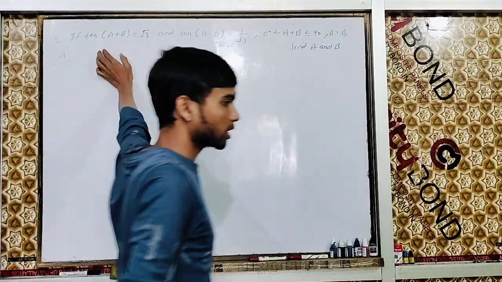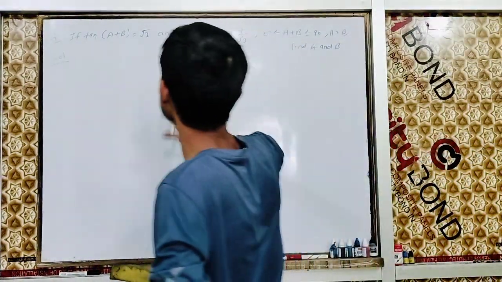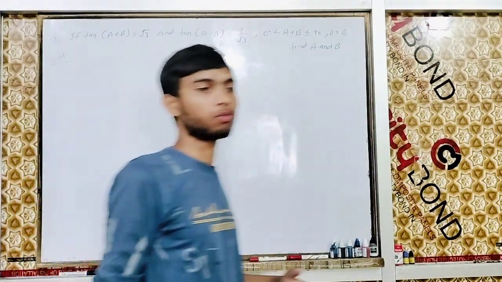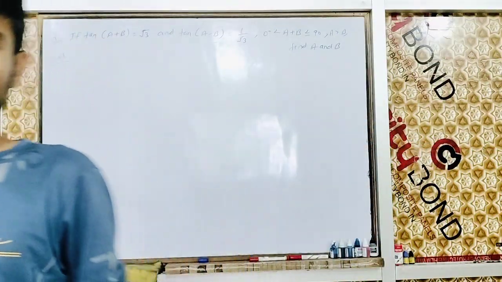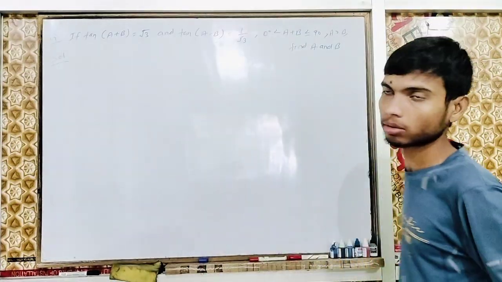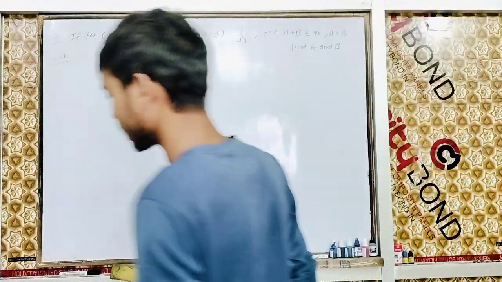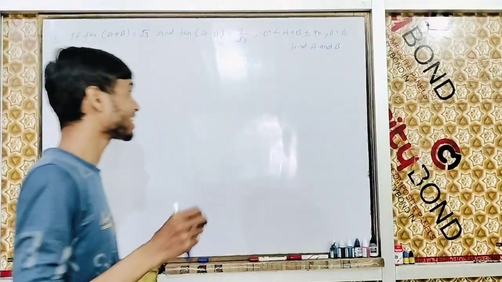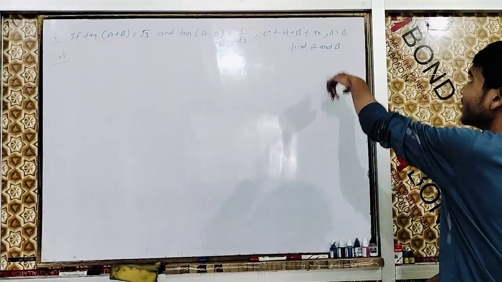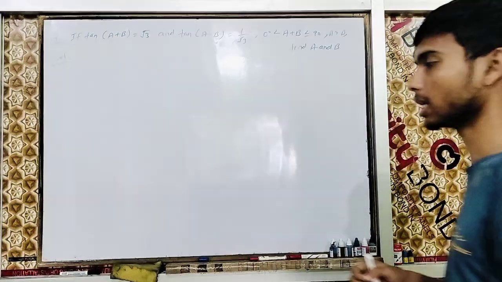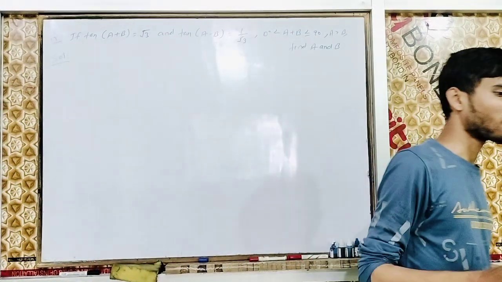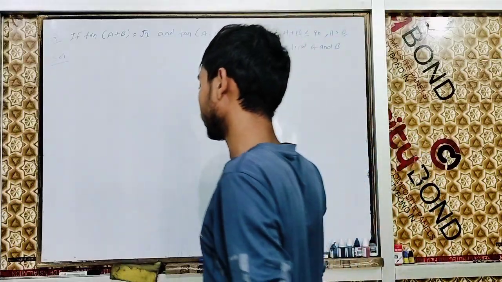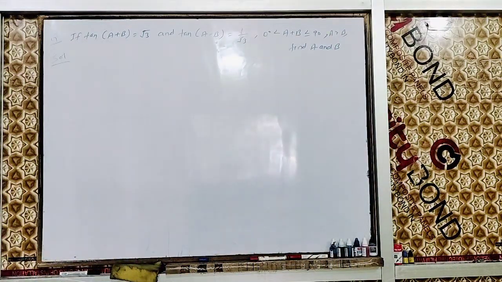If tan of the sum of these angles is giving you root 3, and tan of the difference of these two angles is giving you this much, then we don't know angle A and angle B. The question is saying find angle A and angle B. But there is a condition: A should be greater than B, which means B should be less than A. And the angles should be between 0 and 90, it can also be 90, but not 0.